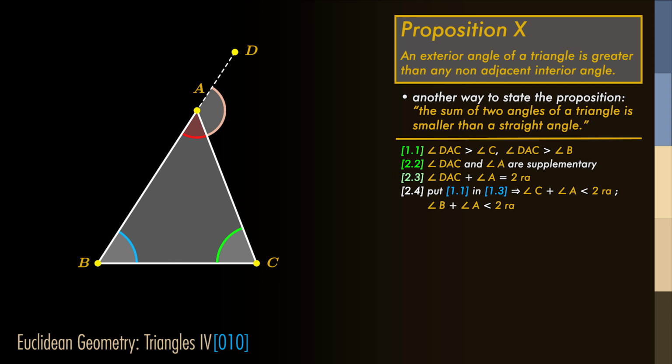So DAC plus A equals 2 right angles. And so C plus A is smaller than 2 right angles, and B plus A is also smaller than 2 right angles.